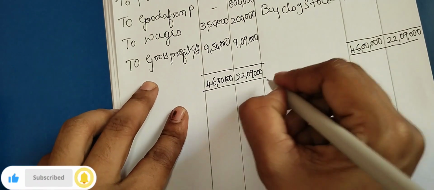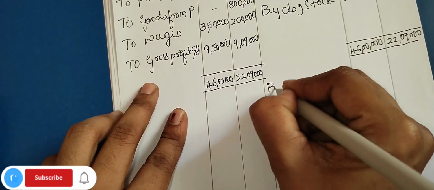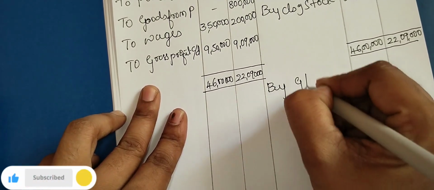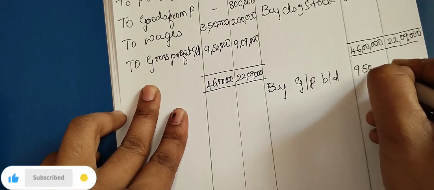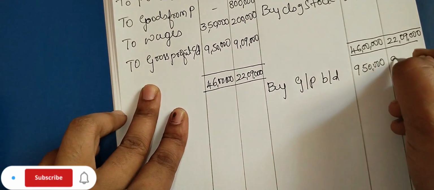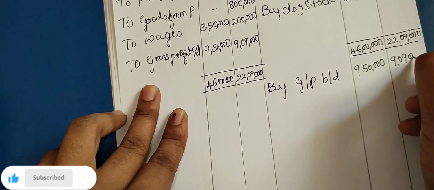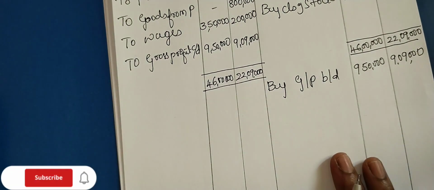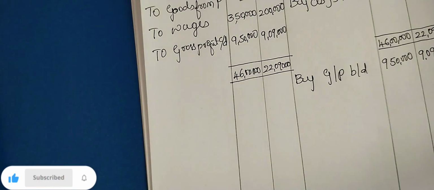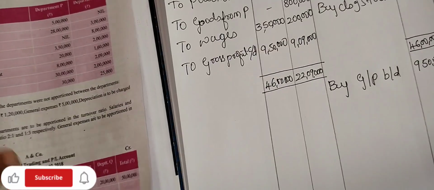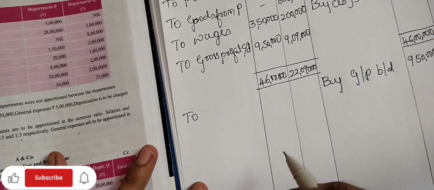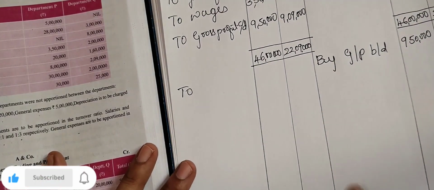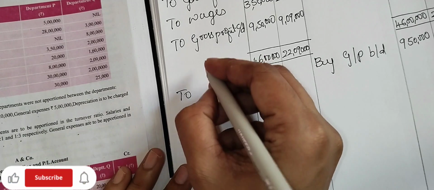Now let us bring down the gross profit first. By gross profit brought down, 9 lakh 50,000 and 9 lakh 9,000. Then we have traveling expenses. These are already apportioned expenses. All indirect expenses we record under the profit and loss account.